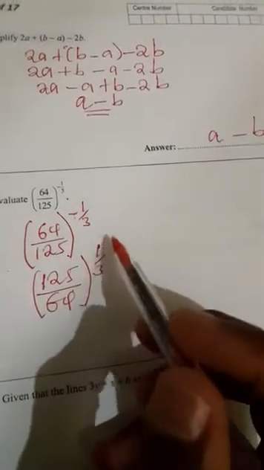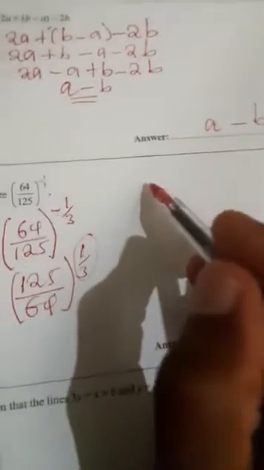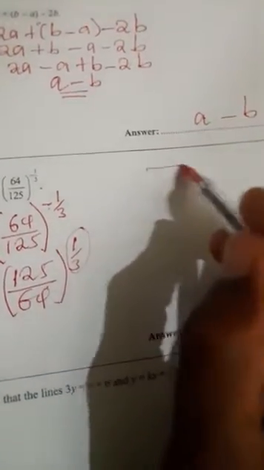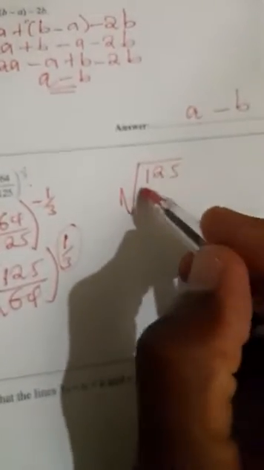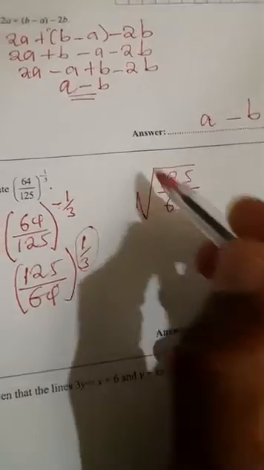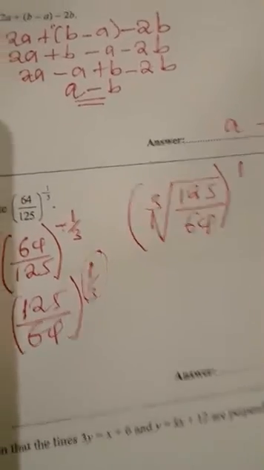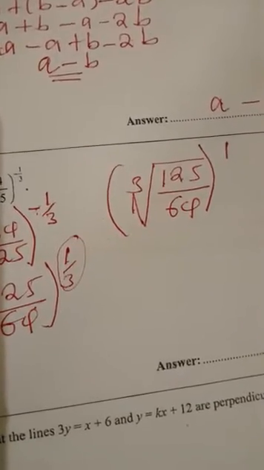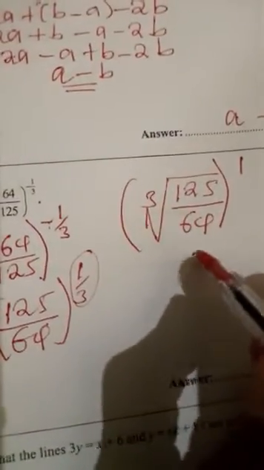From here, the power of 1 over 3 means cube root. So it can be written in radical form as the cube root of 125 over the cube root of 64, to the power of 1. Remember, the cube root is simply a number that we can multiply by itself 3 times to give you 125 and 64. So the cube root of 125 is 5.